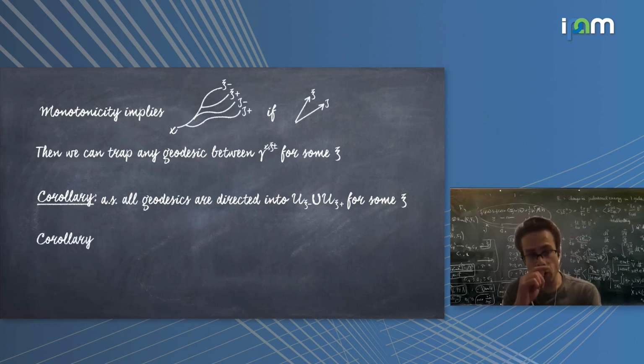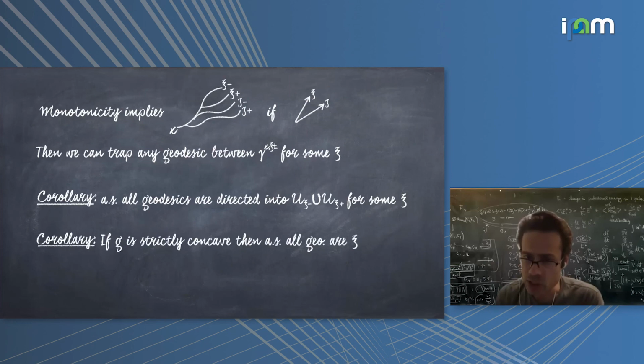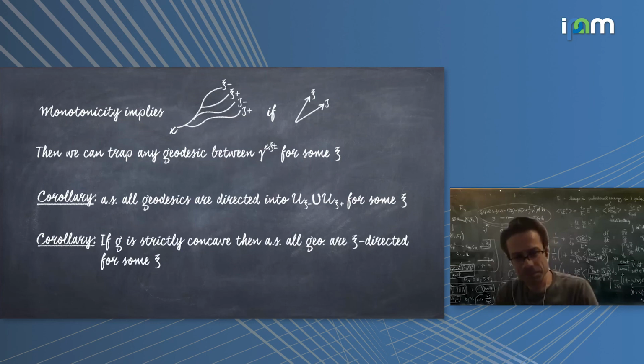Now, if you throw in also an assumption that G is strictly concave, then there are no linear segments, or you could say the linear segments are degenerate. And so, in fact, almost surely every geodesic has a direction. Okay, so this result did not need any curvature assumptions beyond that.